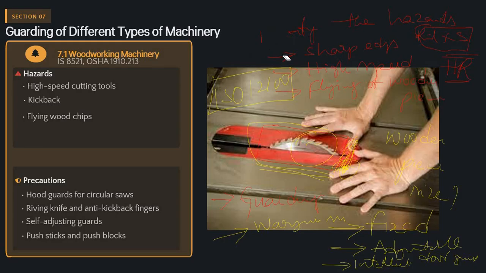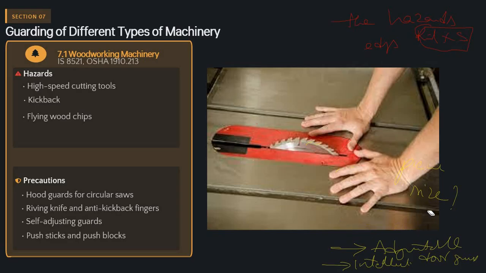Nowadays, where there are automatic machines or semi-automatic machines, where the interlocks are there, people are talking about modes of operation, not just automatic, semi-automatic, manual.